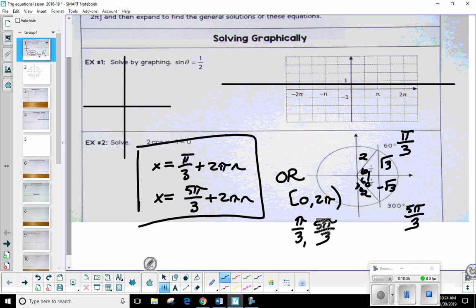Does that make sense? Now, we could check to see if we need to go any further, but I'm willing to bet that we don't need to. If I were to take pi over 3, for example, and add 2 pi, would that be larger than 2 pi? Yes. So those are the only two solutions on that interval.